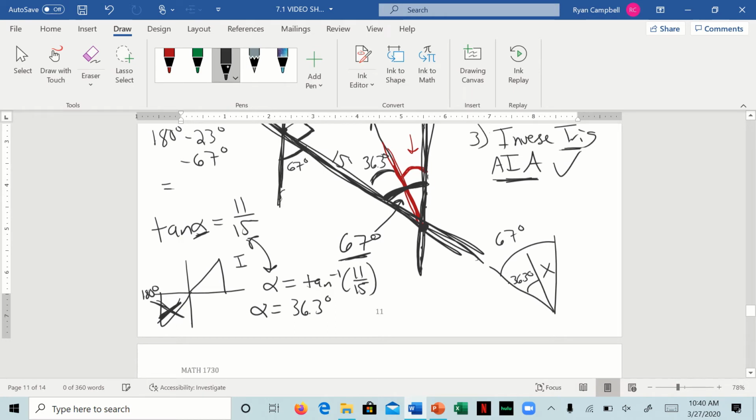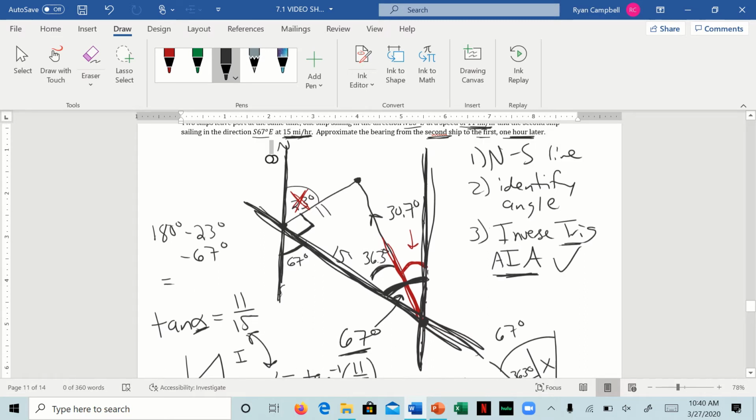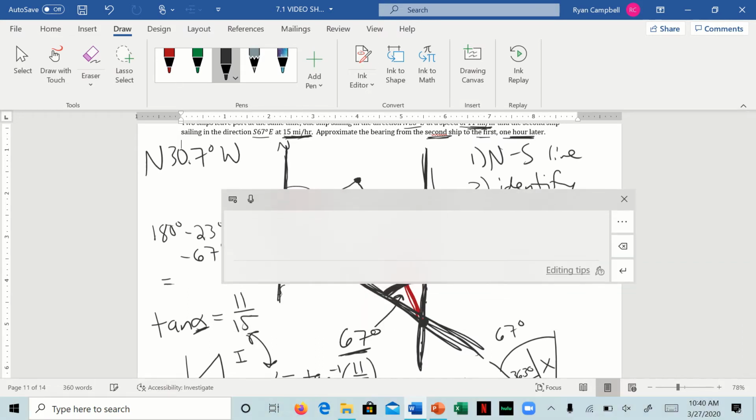So x is just 67 minus 36.3. So we see that it is 30.7 degrees. So what direction are we going? Well, we notice this is northwest. So we are going north 30.7 degrees west.